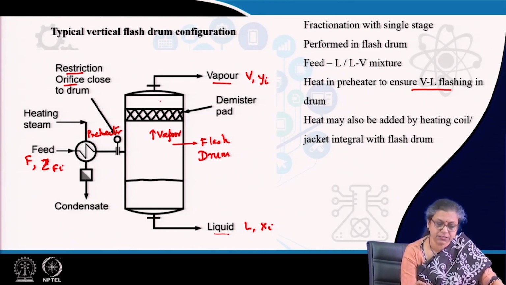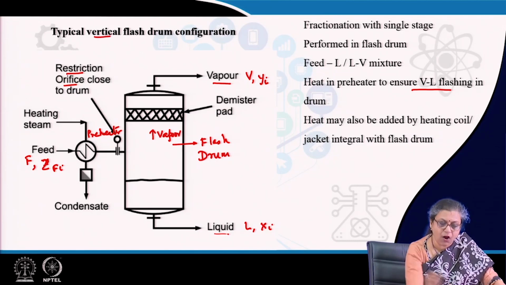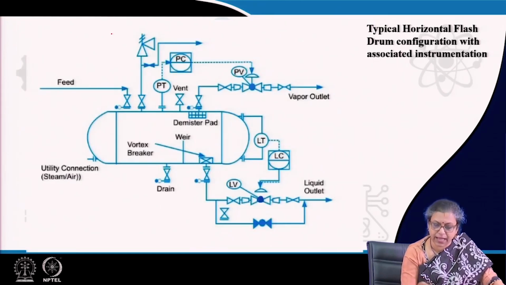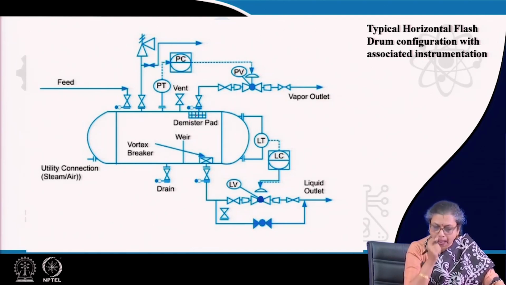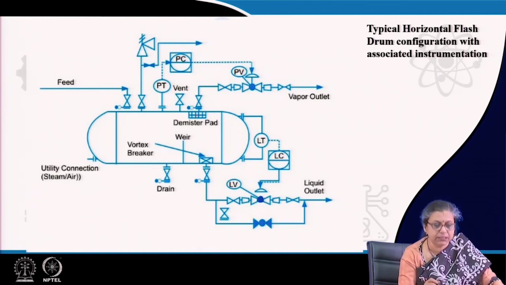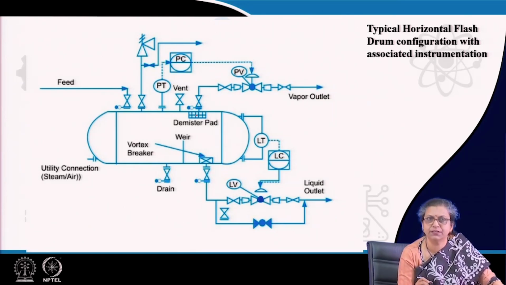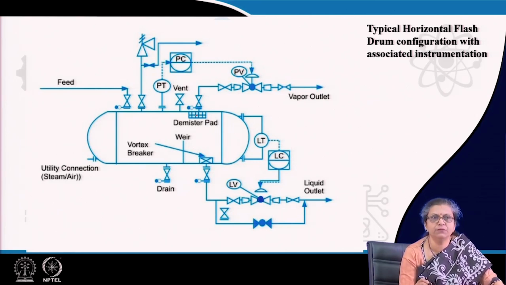These flash drums can be vertical or they can be horizontal as well. In a horizontal flash drum, the demister pad is usually located near the vapor outlet line. The choice between the horizontal and a vertical flash drum depends on certain considerations which will be discussed in detail when we discuss pressure vessels.